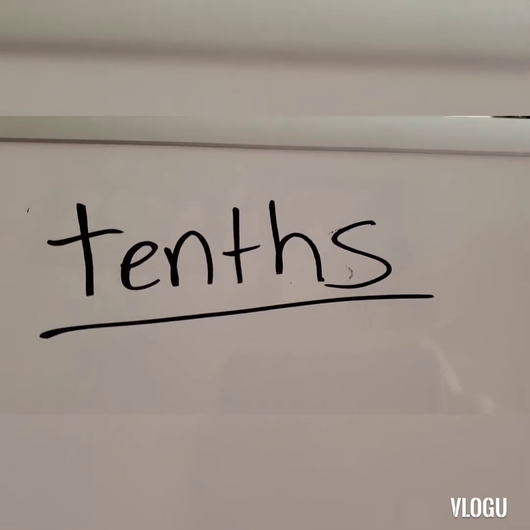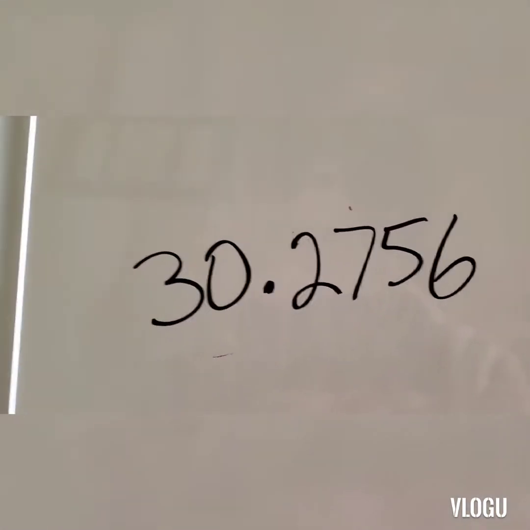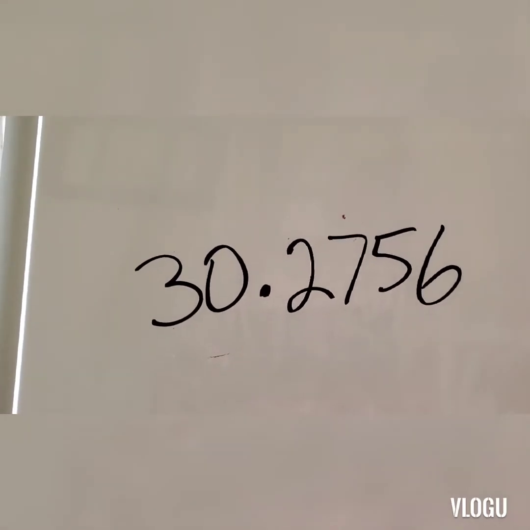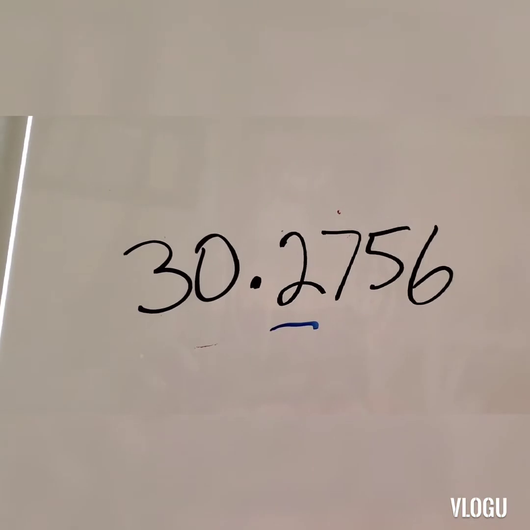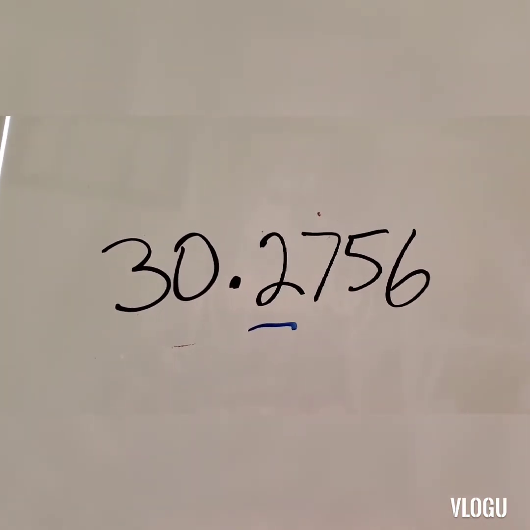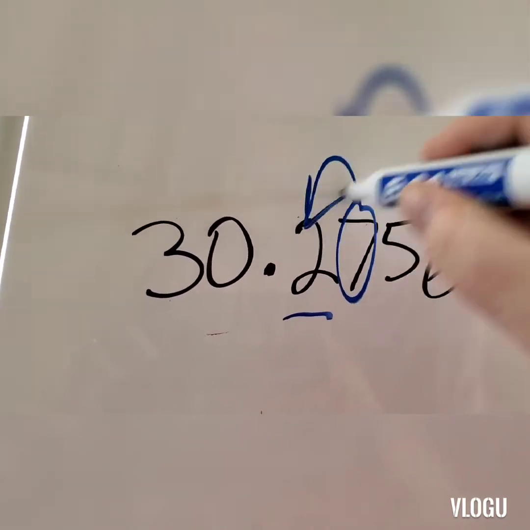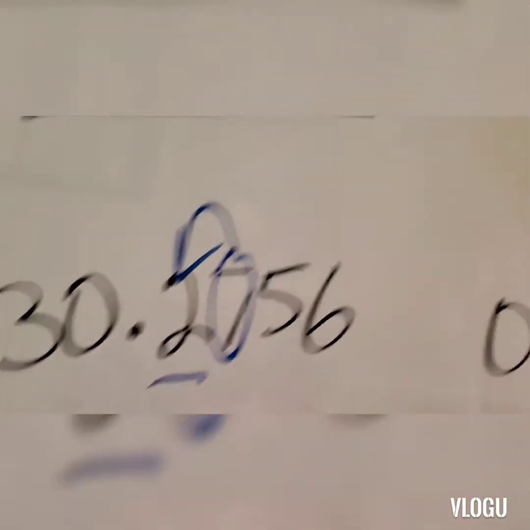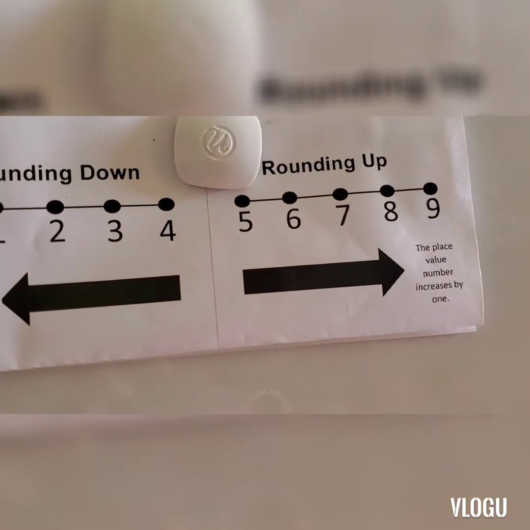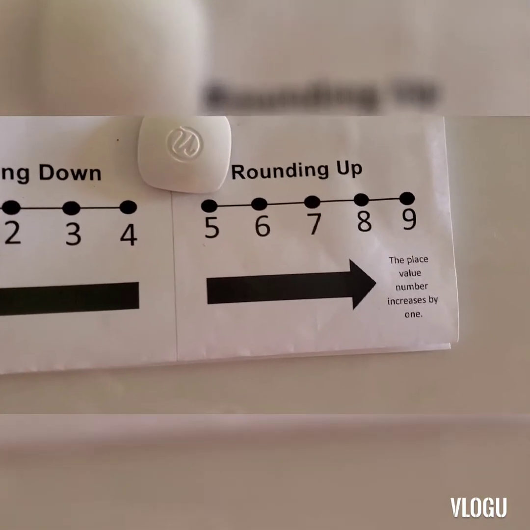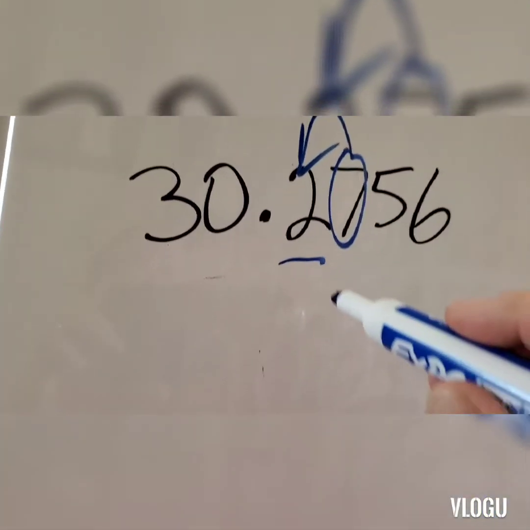Next is the tenths. Number 11. Which digit is in the tenths position? It's the 2. Yeah, I've switched to blue. No particular reason. The 7 has all the power to tell the 2 what to do. If I consult the chart, by now we really should be getting a hang of the fact that the 7 tells the 2 to increase by 1.